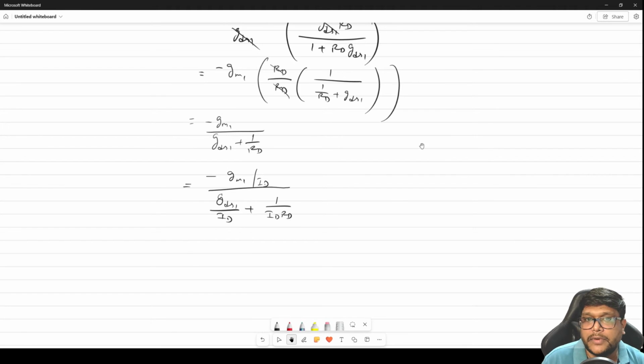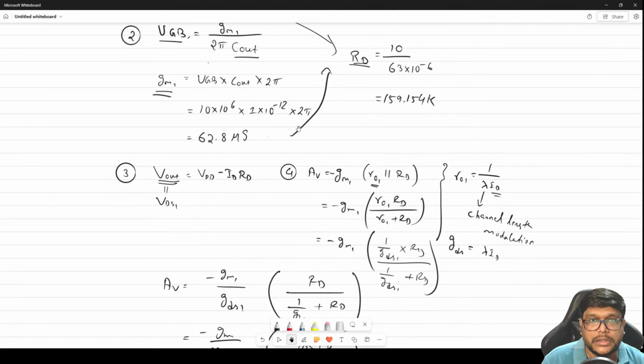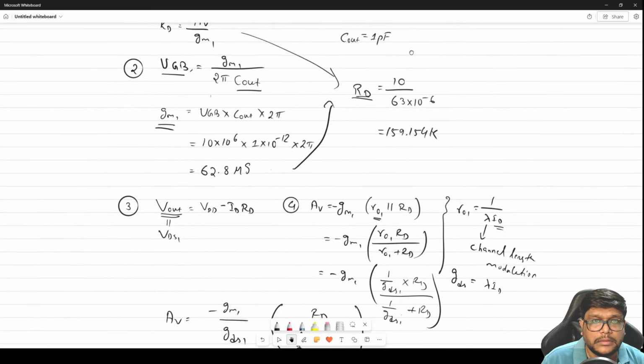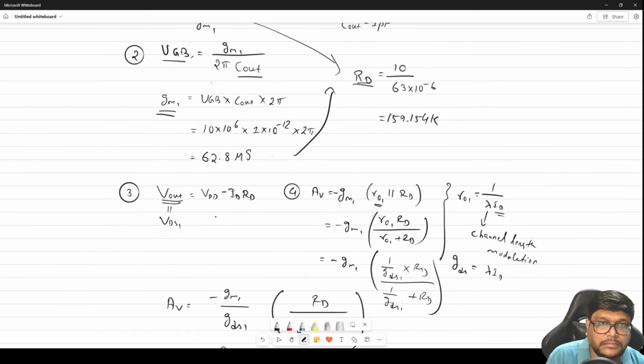Interesting fact is, from this equation, what we are getting is that IDRT is equal to VDD minus Vout.